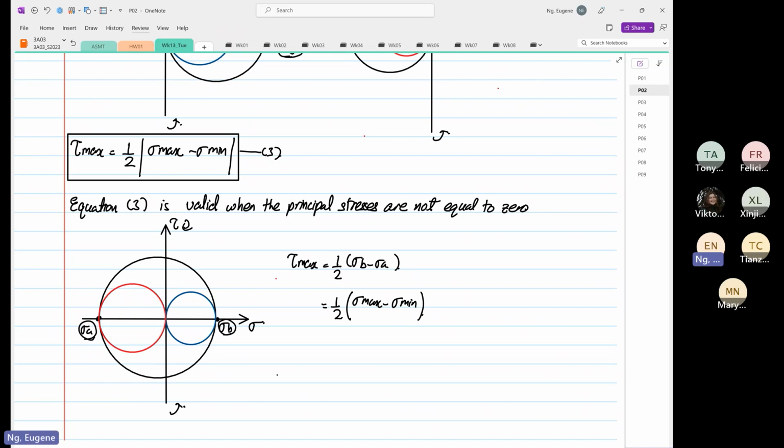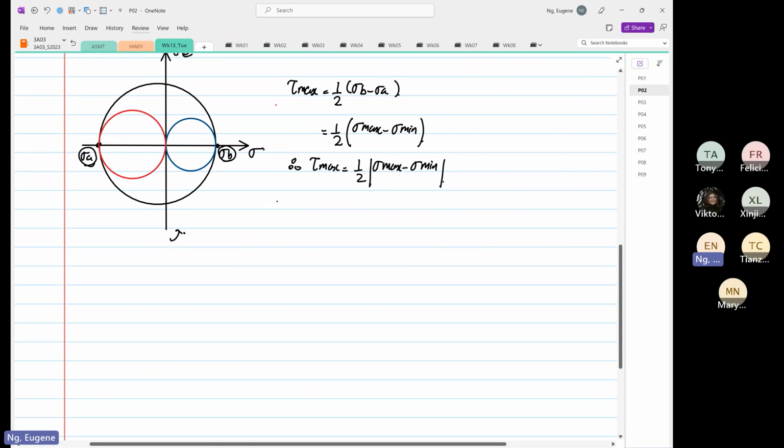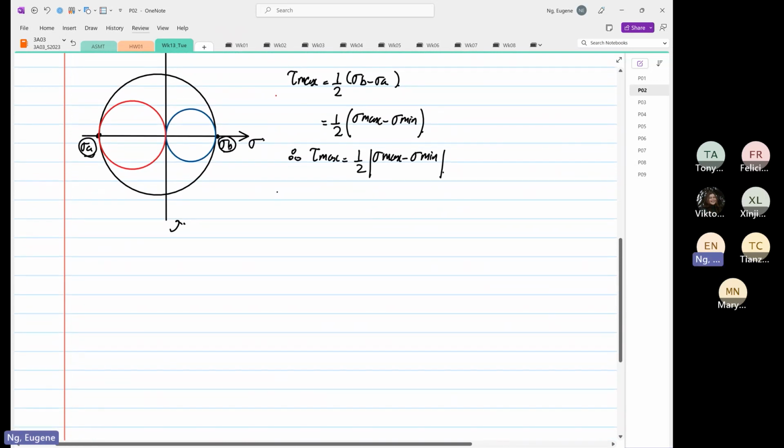And therefore, shearing stress max is equal to half absolute value of stress max minus stress min. So these are the criteria for Tresca. I'll show you a few examples of how it really works with Mohr circle. So let's look at a short example.